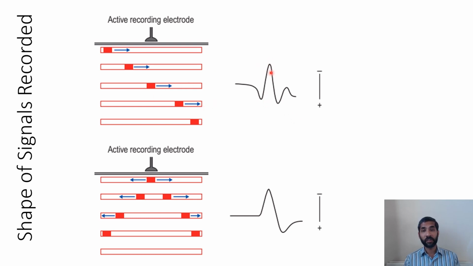And then as it moves away, again, you have a positive swing. So the basic shape of the signal is a triphasic shape, right? Unless your electrode is at a place where the signal generation starts. If it starts under the electrode, then you don't have that initial positive spike. Okay, you just have the negative and the positive spike. So those are the kinds of shapes that you would be recording from a muscle or from a nerve.